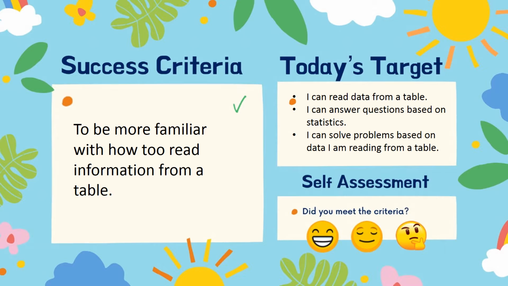Right, I hope you had a good try at these today. Again, you've just got to look closely at the information on each table and give yourself a bit of a self-assessment. How did you do? Did you do okay? Did you meet the criteria? Or were you not so happy with your results?